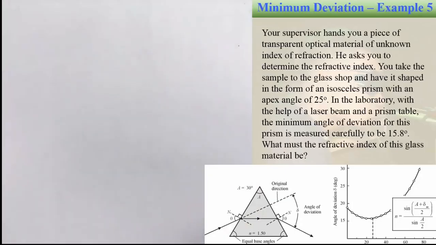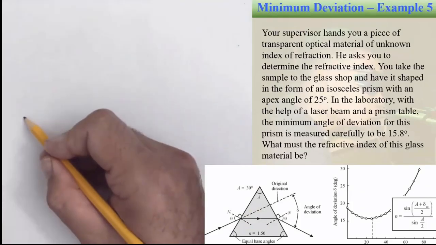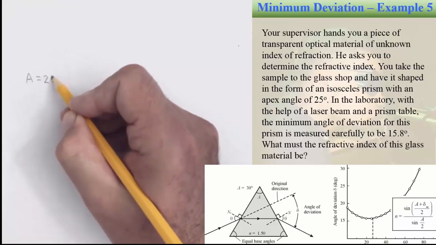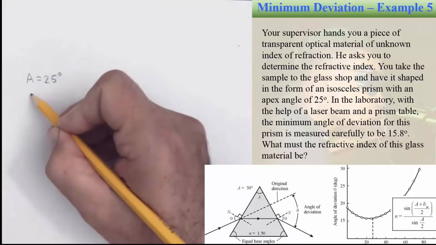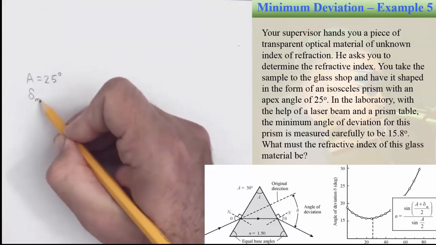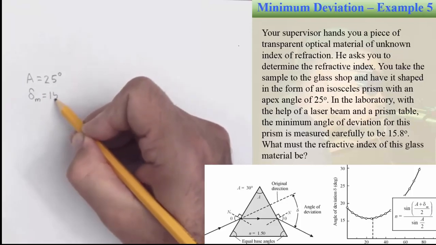As indicated in the setup of this problem, we are given two pieces of information. The first one is the apex angle, capital A, equal to 25 degrees. And then we also measured the minimum angle of deviation to be 15.8 degrees, so our delta sub m is equal to 15.8 degrees.